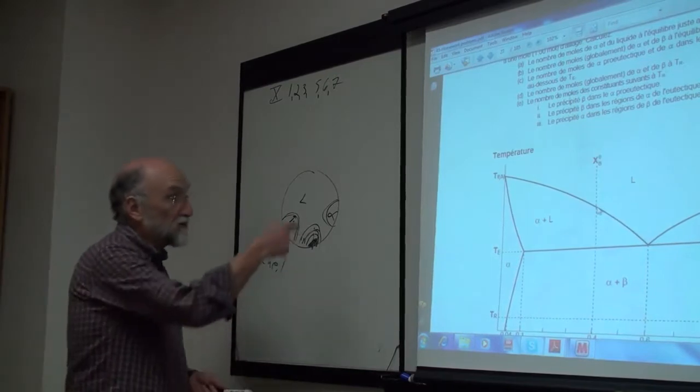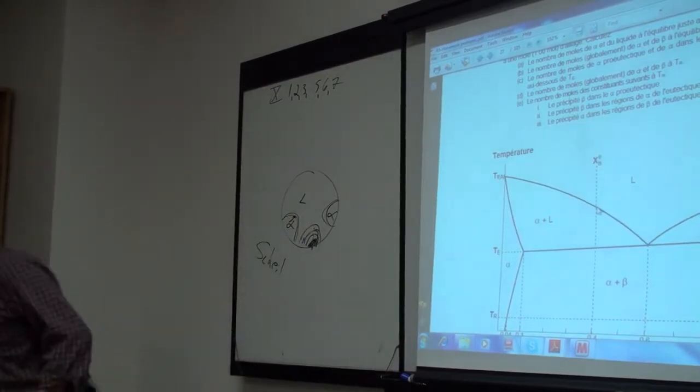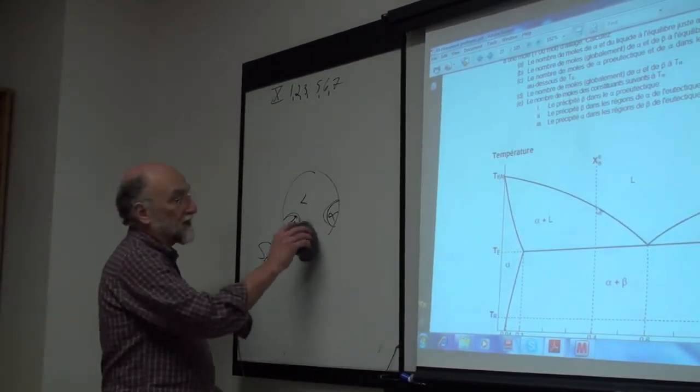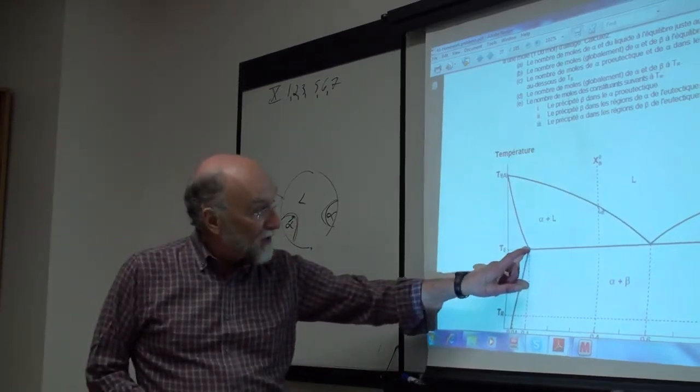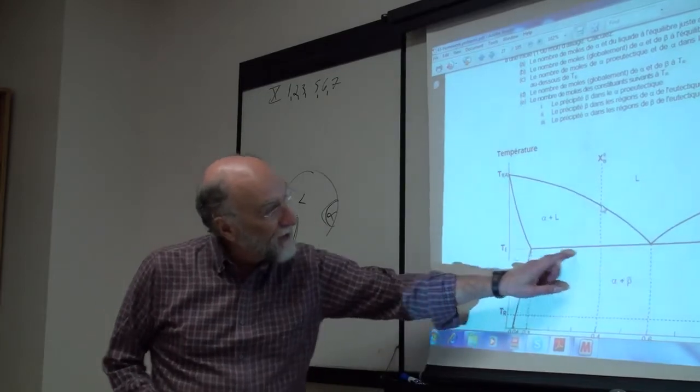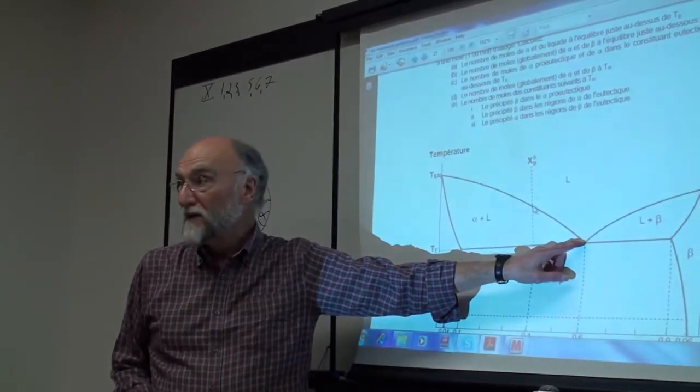Anyway, this was equilibrium cooling, so when you reach the eutectic, just before the eutectic reaction, you have a solid at this composition right here, in equilibrium with the liquid right here.